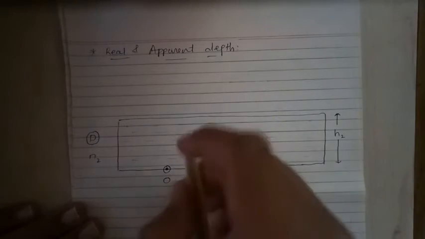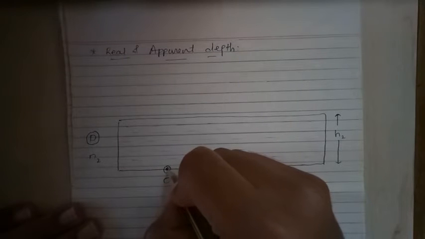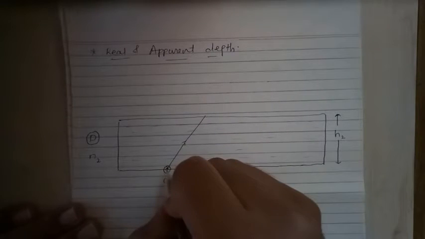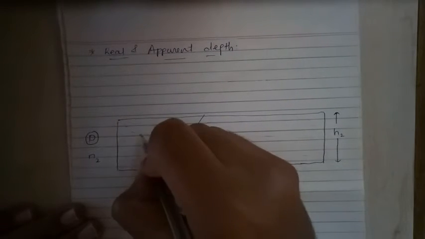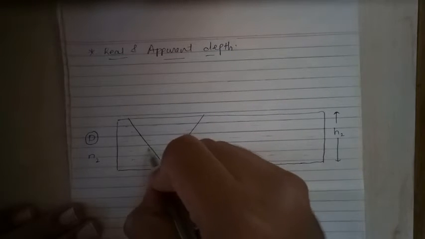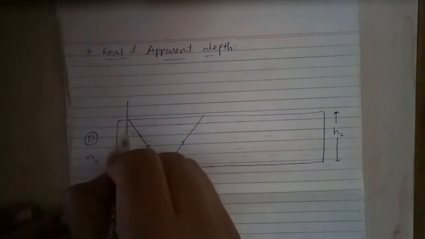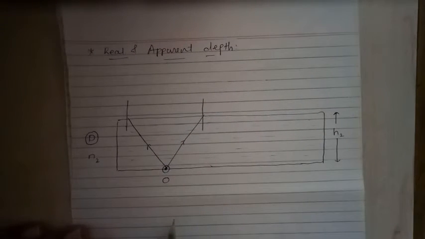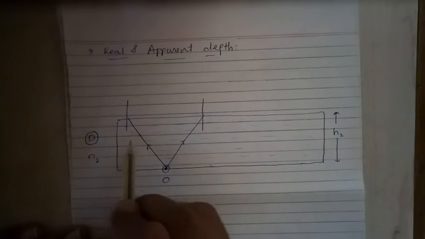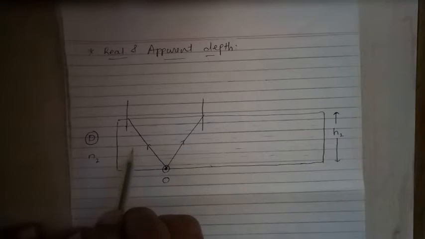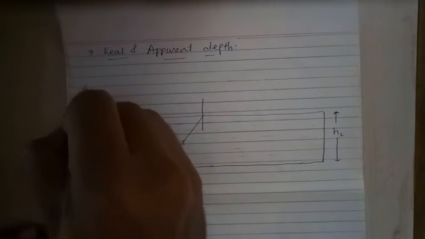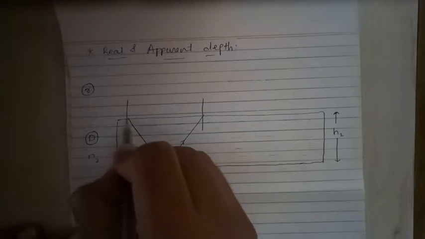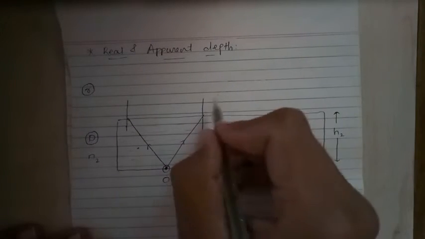Now here these are the two rays. This is our first ray, this is our second ray, right? Okay, now this is the normal. Now we already know when a ray enters from a denser to a rarer medium, this ray bends away from the normal.